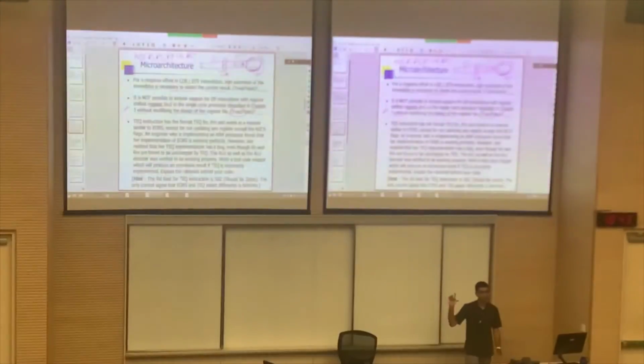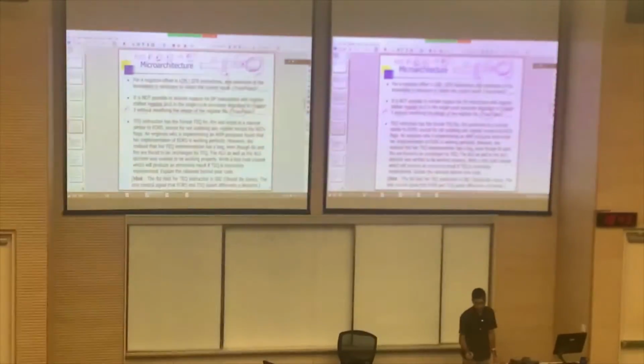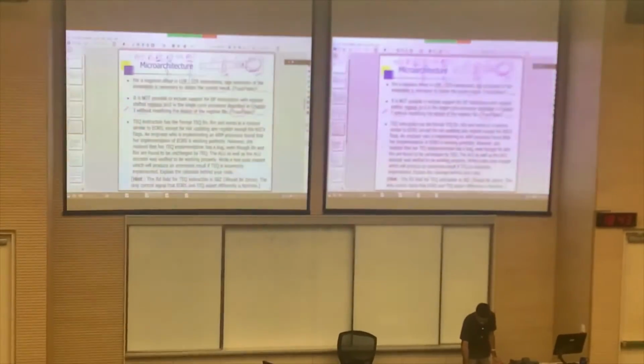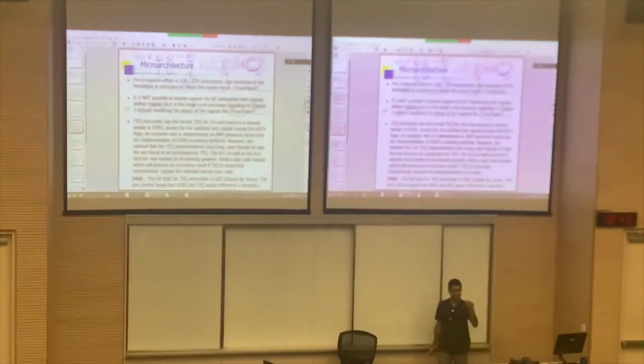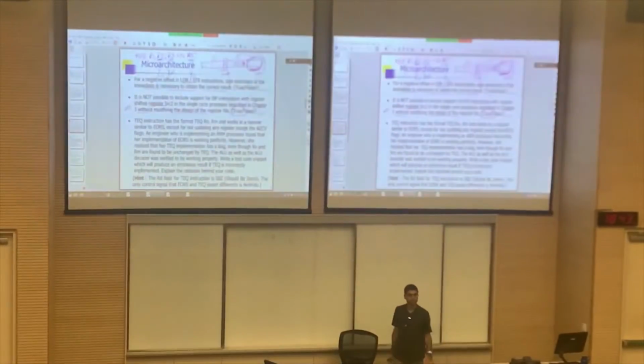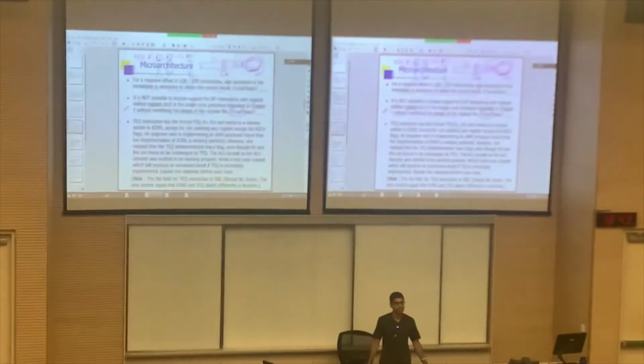How many registers do you have to read in total? 3. This is specified as RS, this is RM, and this is RN. So you have to read 3 registers in one shot. And for a single cycle processor, all 3 will have to be read in the same cycle.